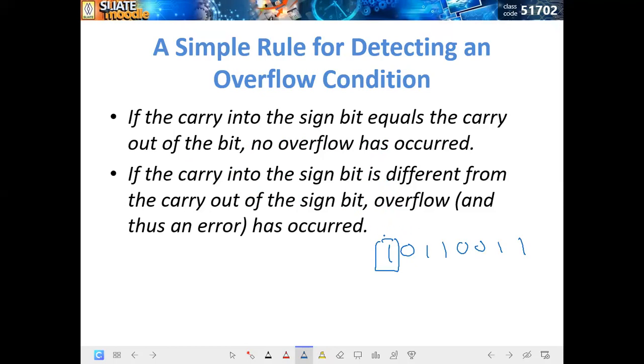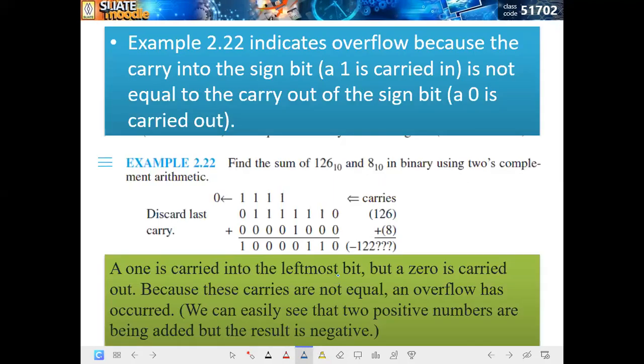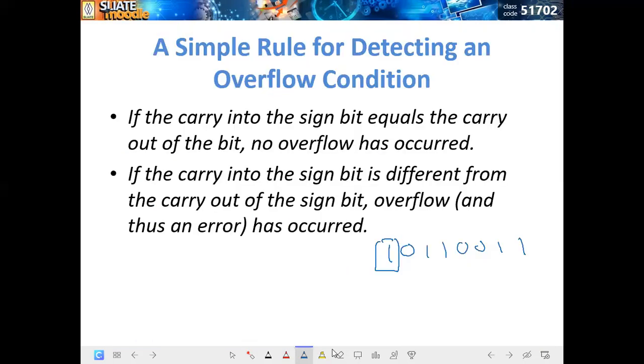It says if the carry into the sign bit equals the carry out of the sign bit, no overflow has occurred. You will have an example later. First let's read on here. If the carry into the sign bit is different from the carry out of the sign bit, overflow, and thus an error, has occurred.